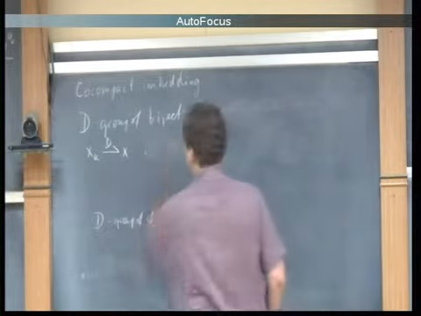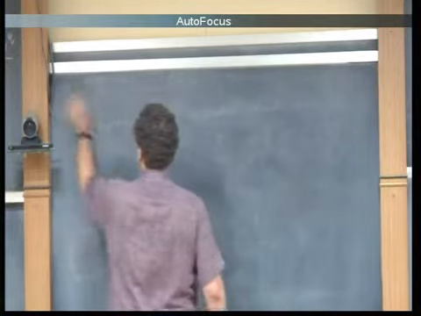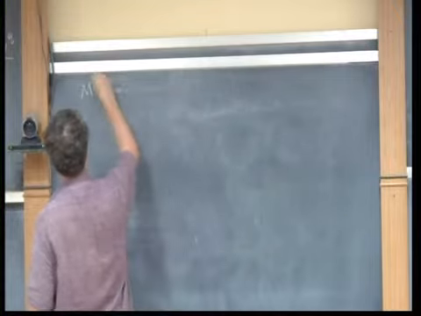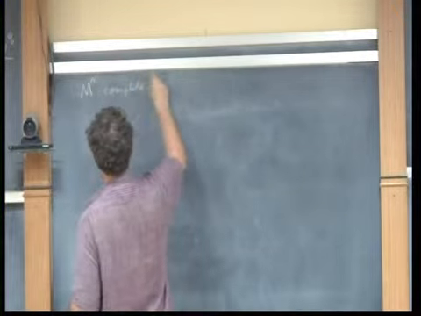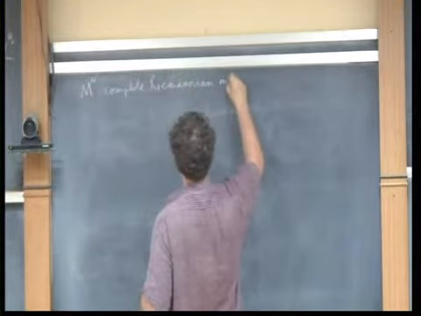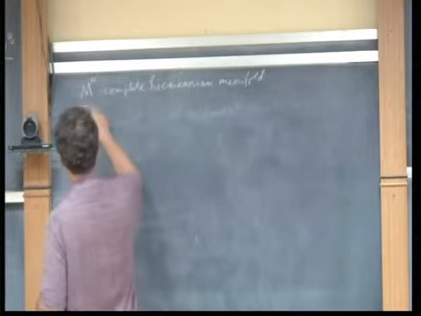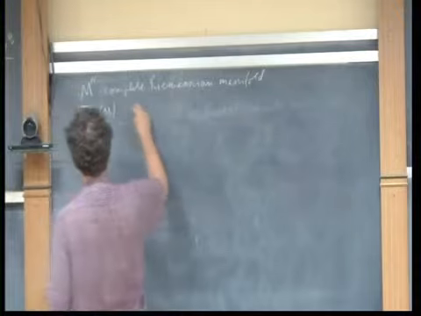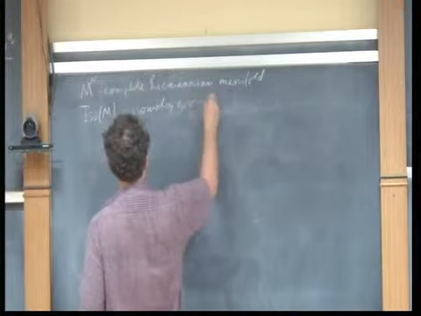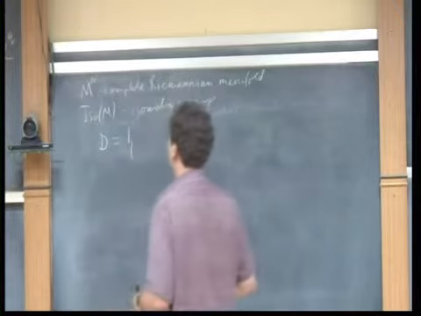So we'll have a complete Riemannian manifold M, and the isometry group of M. And the set D will be the set of group shifts.